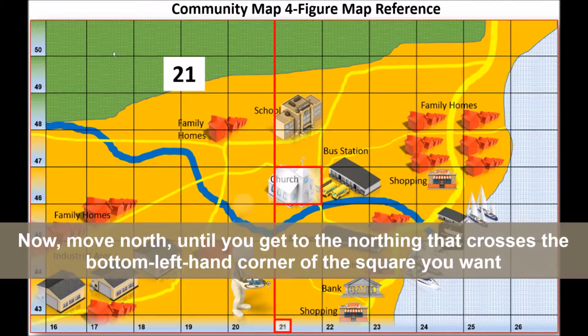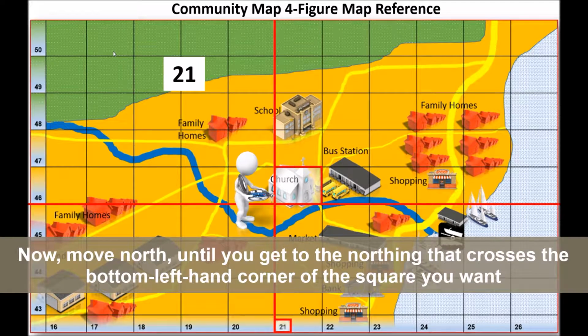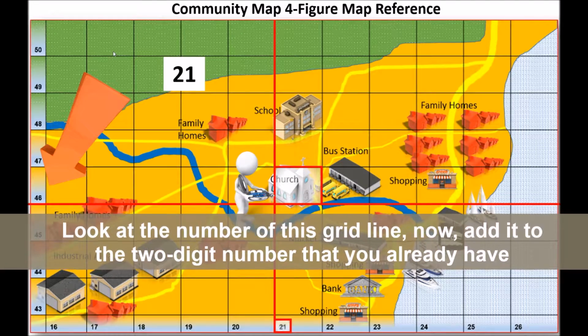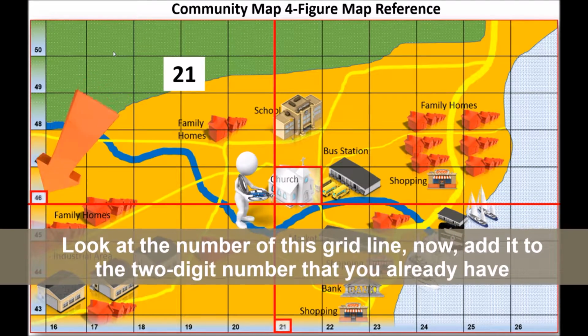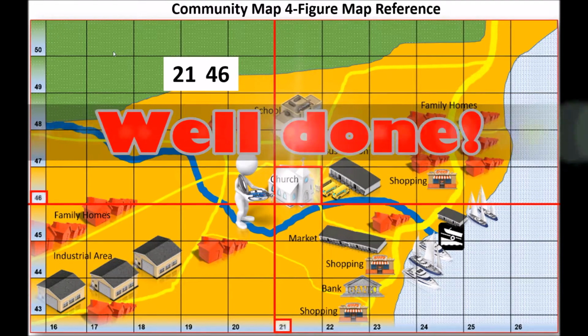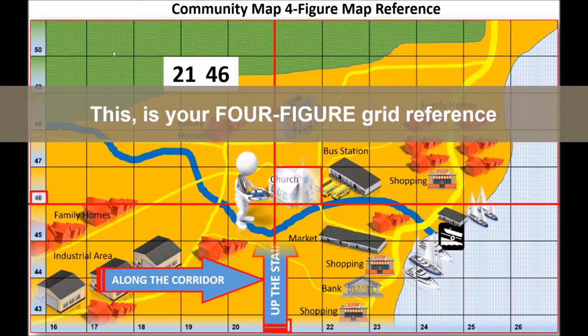Now, move north until you get to the northing that crosses the bottom left-hand corner of the square you want. Look at the number of this grid line. Now, add it to the 2-digit number that you already have. Well done. This is your 4-figure grid reference.